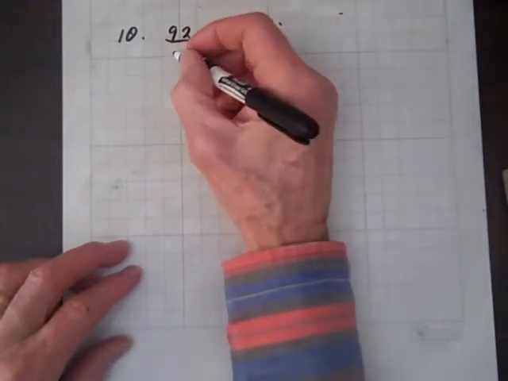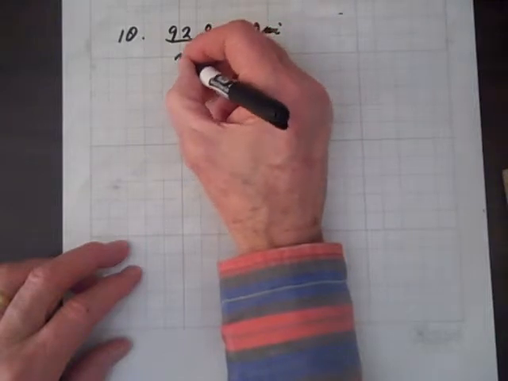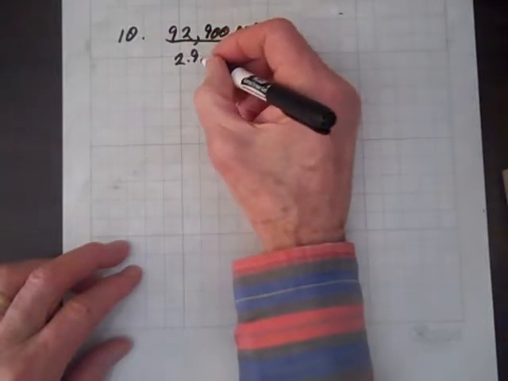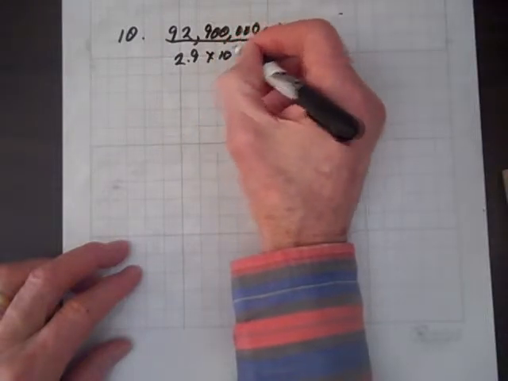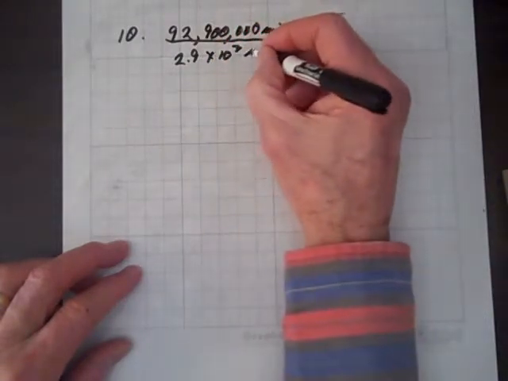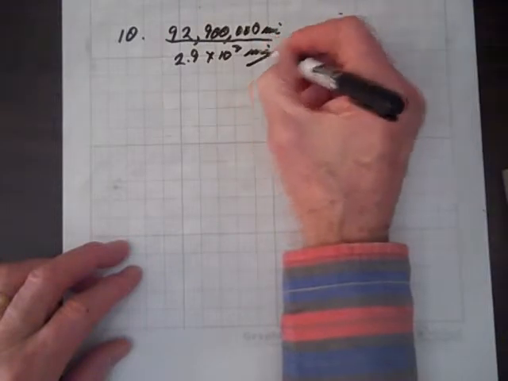divided by 2.9 times 10 to the 3rd miles per hour.